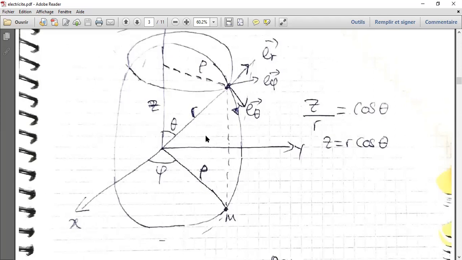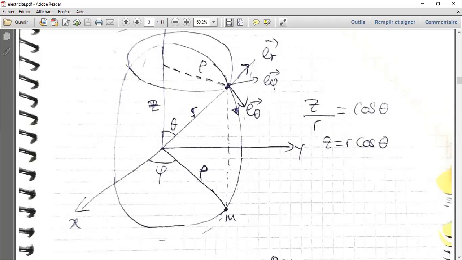How can I explain it? I'm saying this R here: if I want, I could have put J, K, or L. So this R here is just a letter which represents what? Radius.